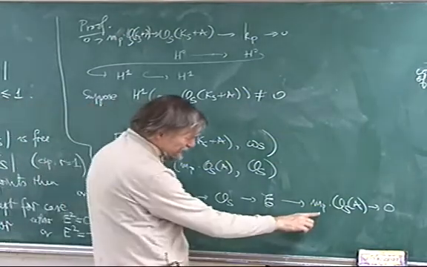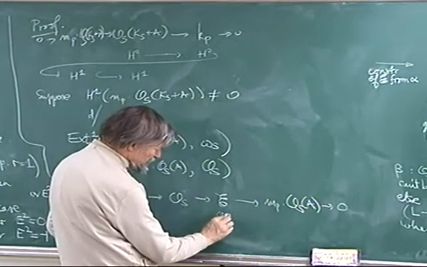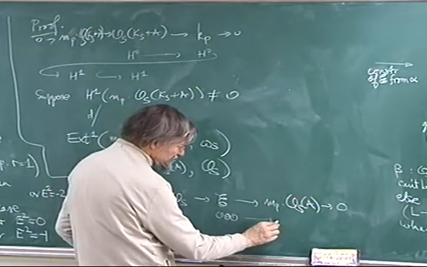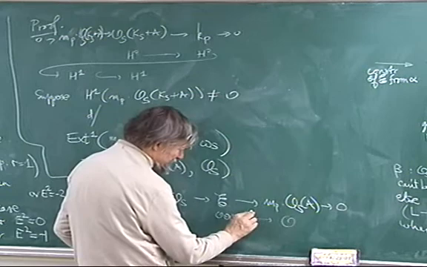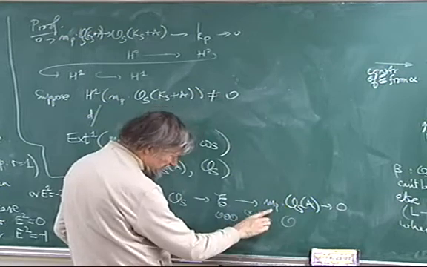So locally at the point P, this has to be O plus O, and this has to map to O here, mapping by XY, so that it maps onto the maximal ideal.